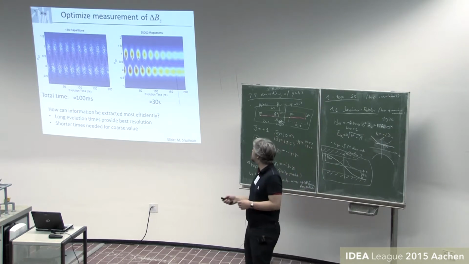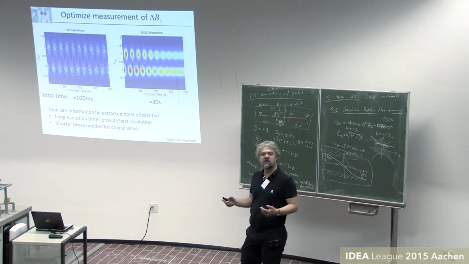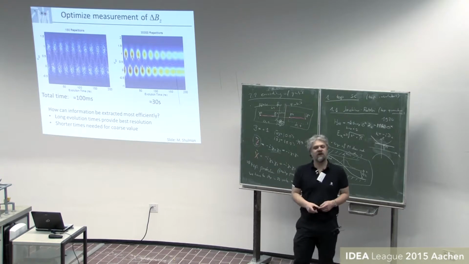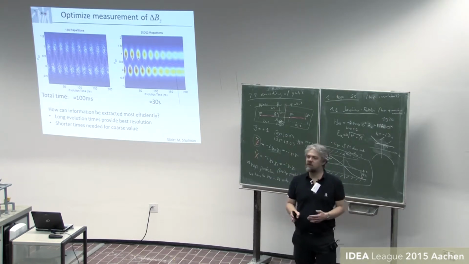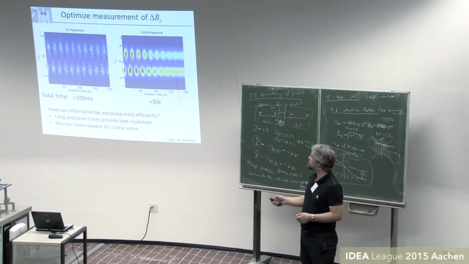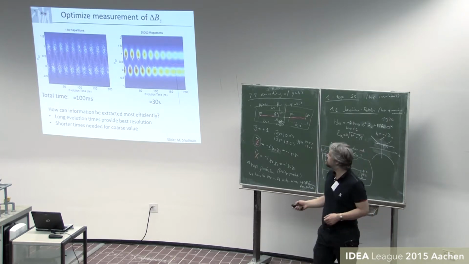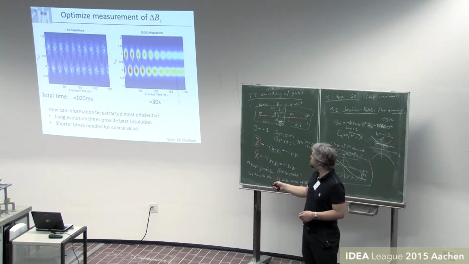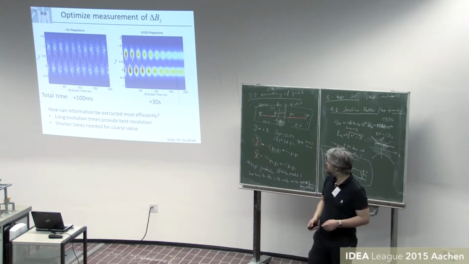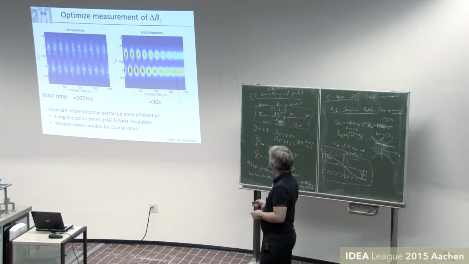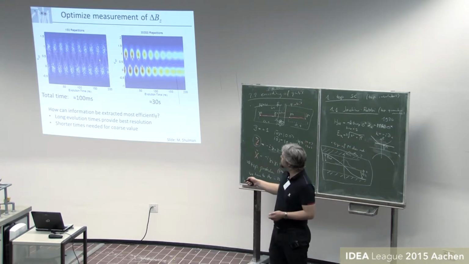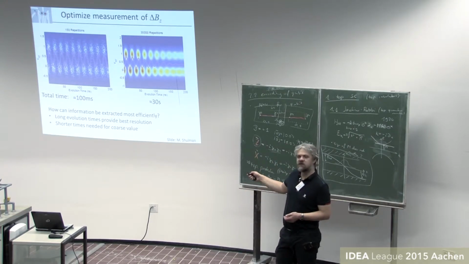But now you can ask, well, how do I do this measurement the most effectively in order to, as quickly and efficiently as possible, measure the nuclear hyperfine field? Do I need these 150 repetitions over 200 different points, or how much better can I do? And now if you think about it, on the one hand, it's good to measure at long times, because then you have a steep slope.